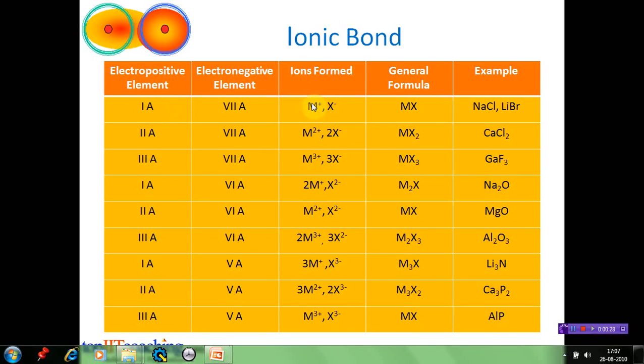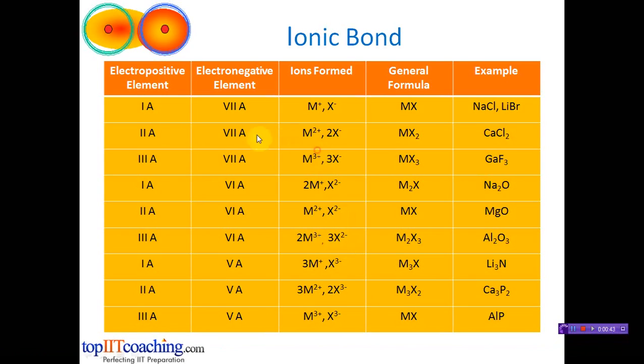The elements of 1A form unipositive ions, those of 2A form dipositive ions, and those of 3A form tripositive ions. Similarly, the electronegative elements of 5A form trinegative ions, those of 6A form dinegative ions, and those of 7A form uninegative ions. These are the various general formulas which will be obtained when these elements combine with each other.